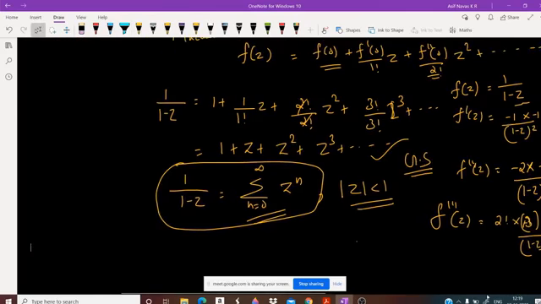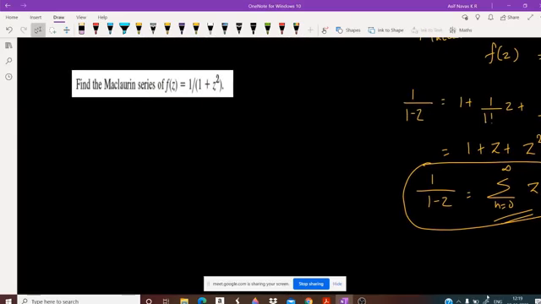Now we will use this and find the Maclaurin series. Next question is find the Maclaurin series of f of z equal to 1 by 1 plus z square. Now we know the basic series representation and we will use that series to find this type of series.